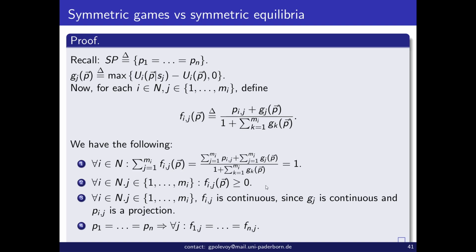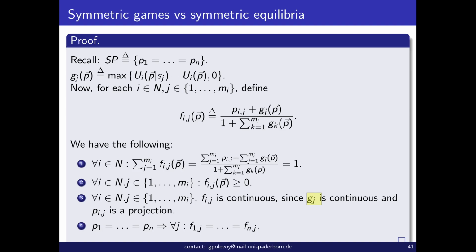Now, since the G_j's are continuous, as we already proved, and p_ij is a projection of p to the probability player i gives to strategy j, which is as a whole a continuous function, F_ij is continuous.